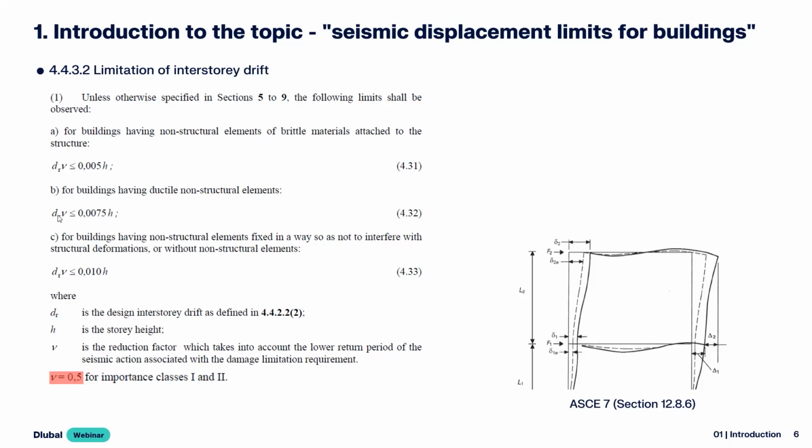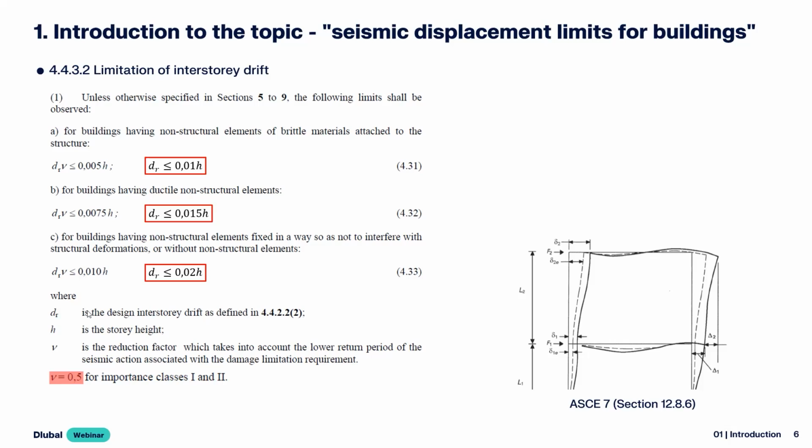This factor on the left side is 0.5 for importance classes 1 and 2. So we can rewrite these limits in this way. So that's on the limits.